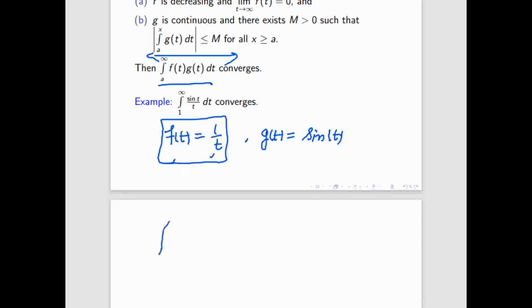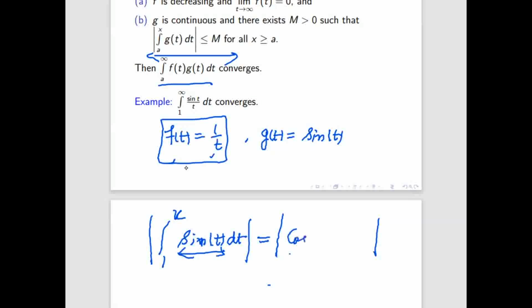Now the second condition is for g(t). a is 1, so we take the integral from 1 to x of g(t) dt, where g(t) means sin t, and its mod is less than some number m. That means some finite number m exists such that this mod is less than m. What is the integration of sin t? It is minus cos t; then apply the upper limit minus the lower limit, and it will come cos 1 minus cos x.